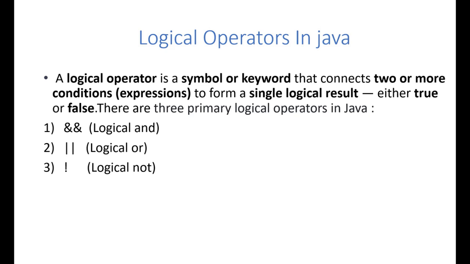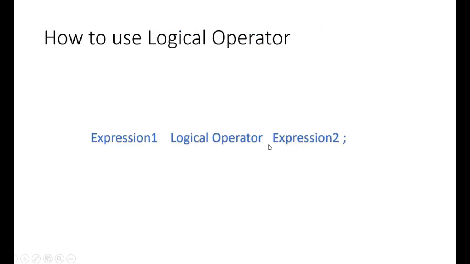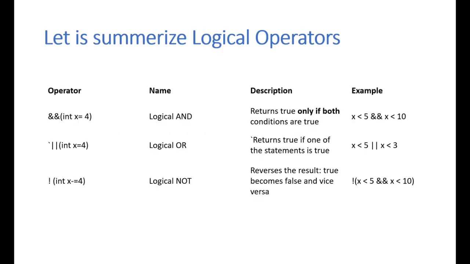So we can use expression 1, then followed by a logical operator and then expression 2, to use these logical operators. Suppose I have a variable, say int x equal to 5, and I have to find that x is less than 5 and x is less than 10, and if both these conditions are true, I come up with the true result.